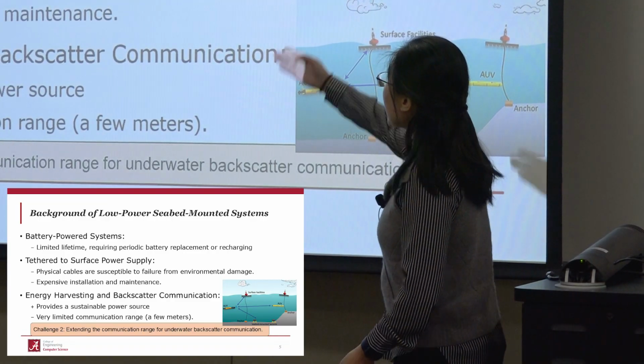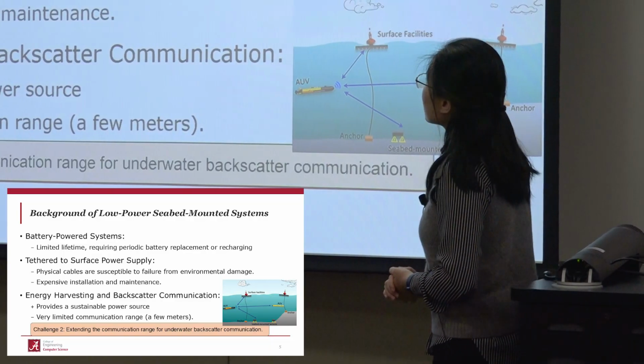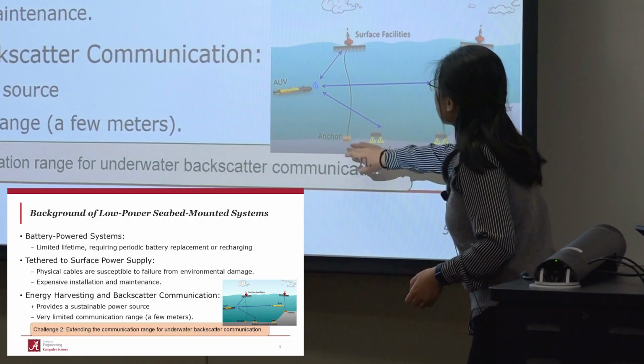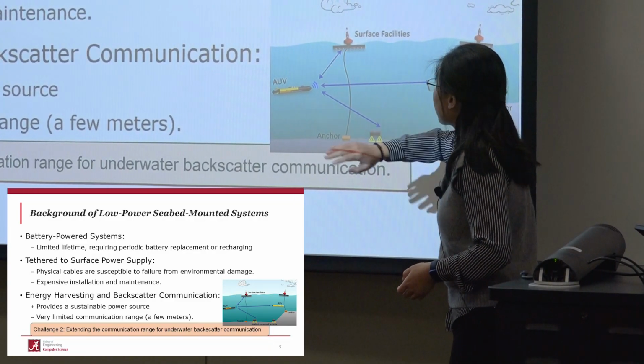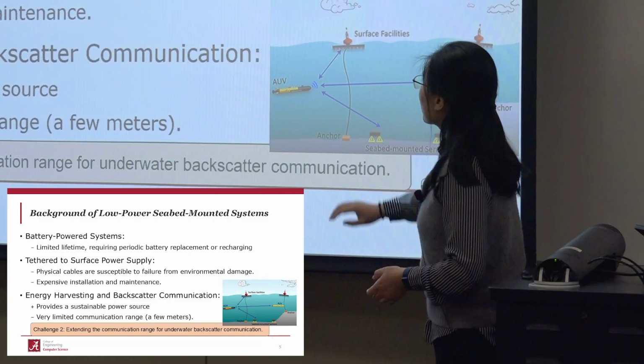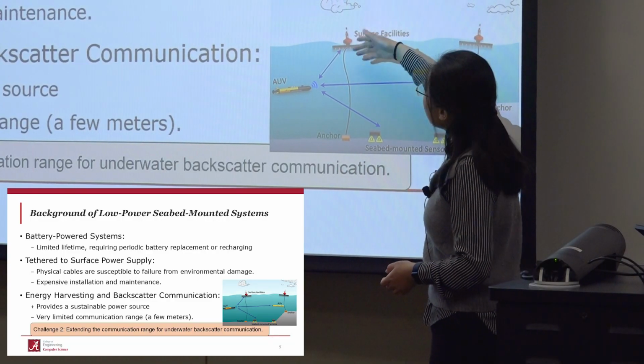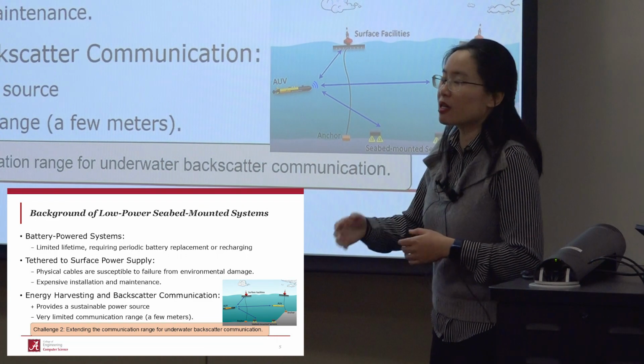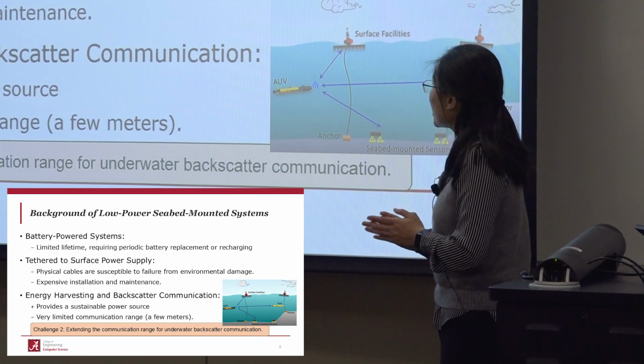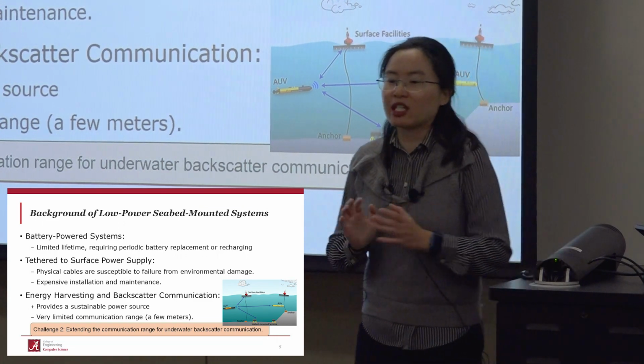Besides battery power, we can also tether those devices onto a surface buoy, where we can have solar power that is sustainably available for a long time. But it also has its own limitation.